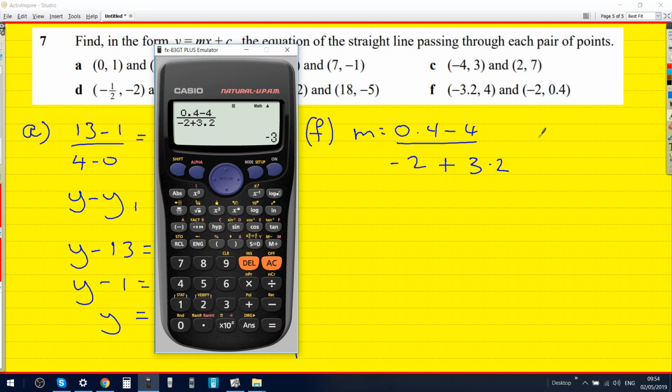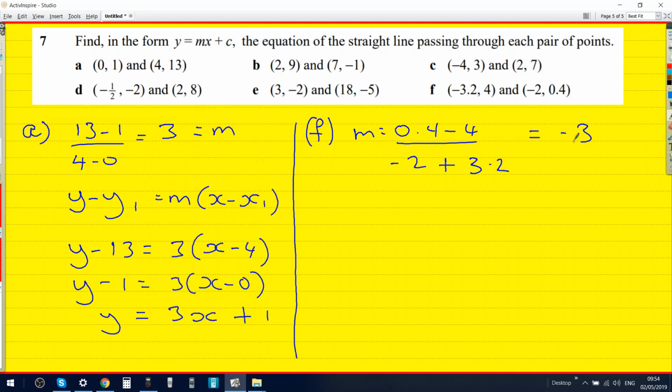So calculator says minus 3. I'm happy with that. And then sub into the y minus y1, just like I did before.